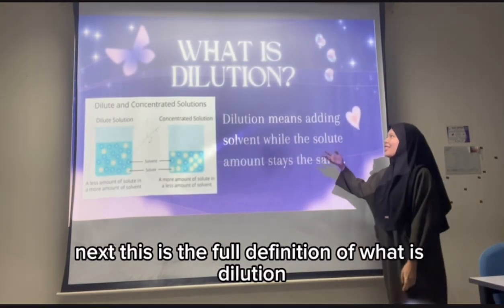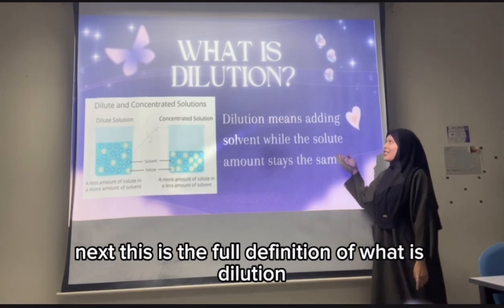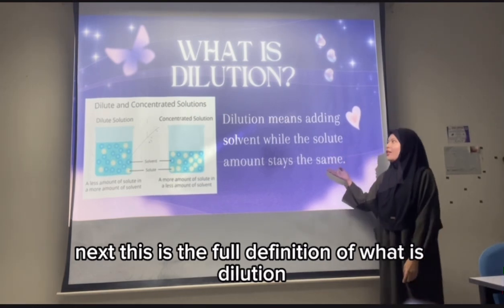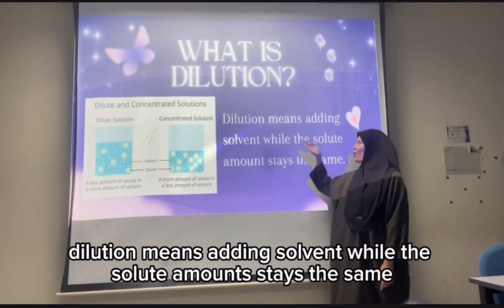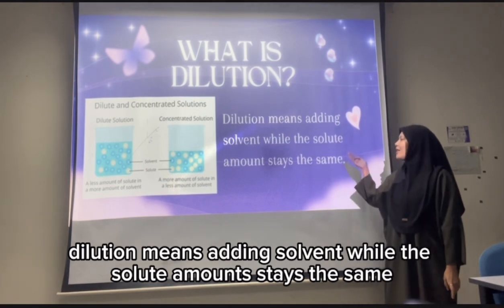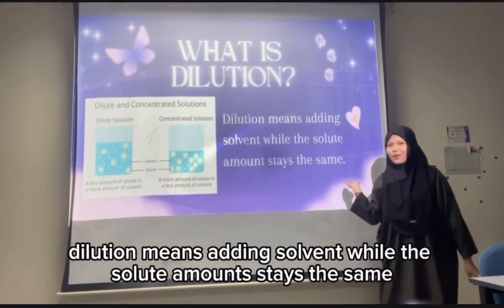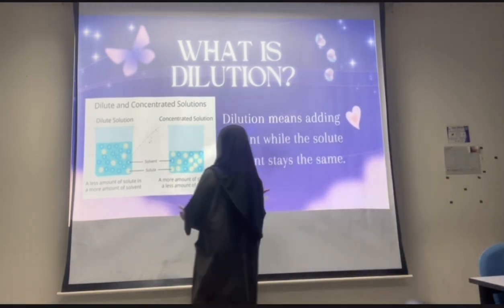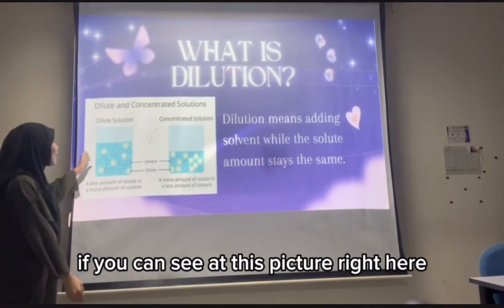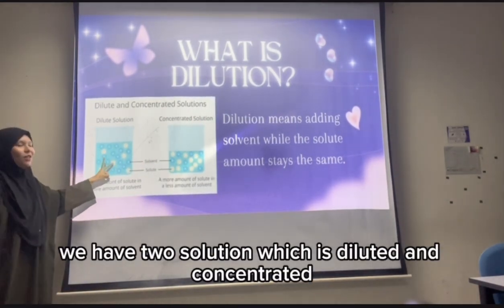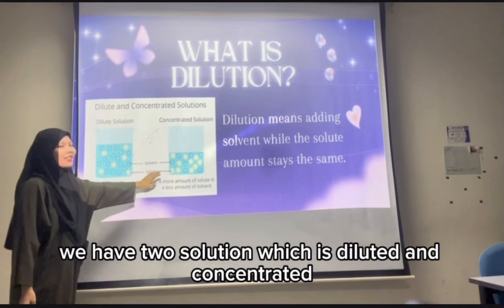Next, this is the full definition of what is dilution. So if you can see here, dilution means adding solvent while the solute amount stays the same. If you can see at this picture right here, we have 2 solutions, which is diluted and concentrated.